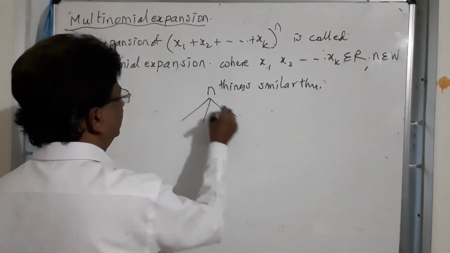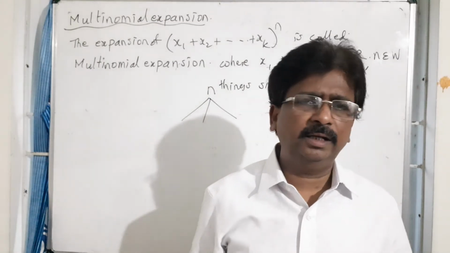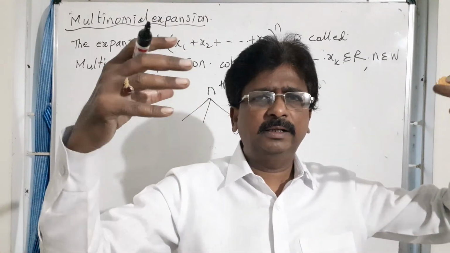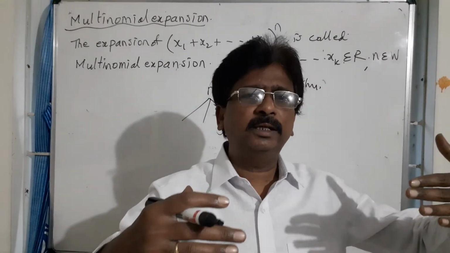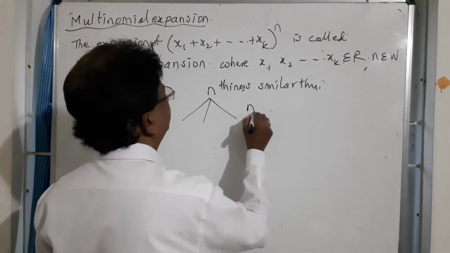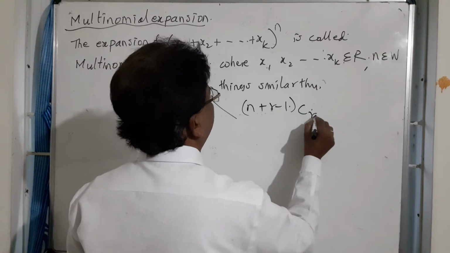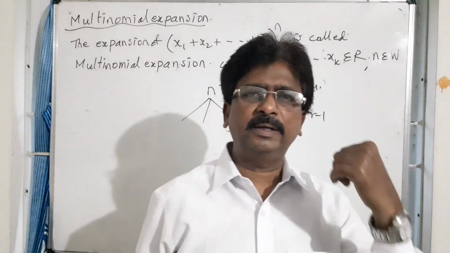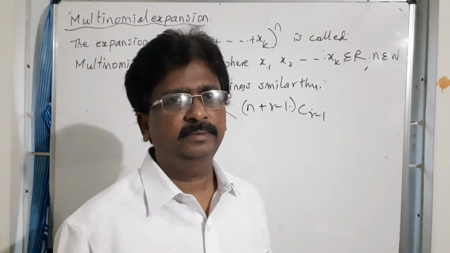Giving the similar things to 3 persons or 5 persons or any number of persons, there is a formula. The number of ways of giving n similar things to r persons is (n plus r minus 1) C (r minus 1). Okay, this is the number of ways of giving n similar things to r persons.